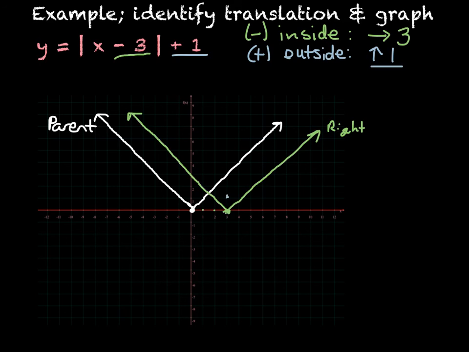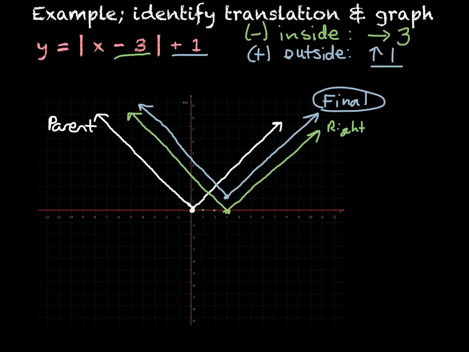So I'm moving the point of my V up to there, and then I'm going to draw my V. So this is my final. So you should draw it in stages so that you don't get it confused. So that is my final translation, and then I have to describe it.